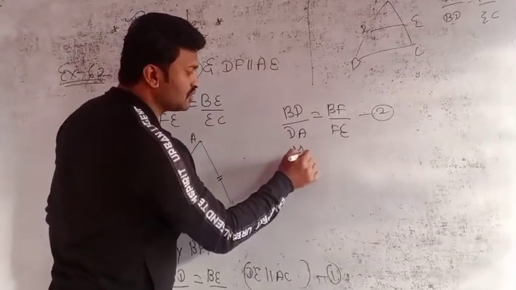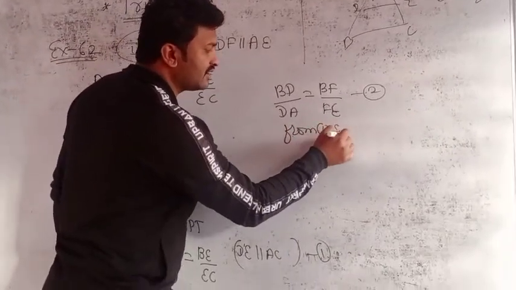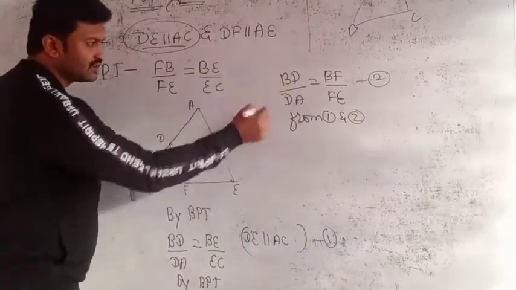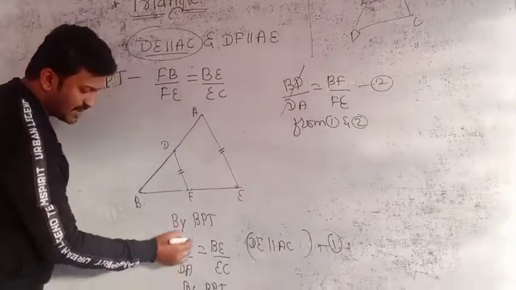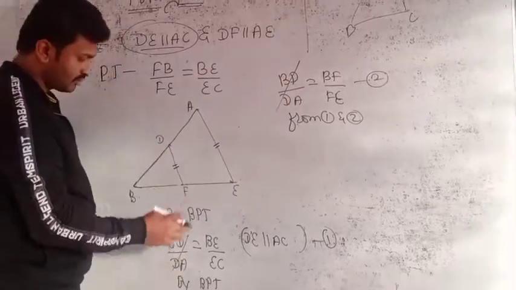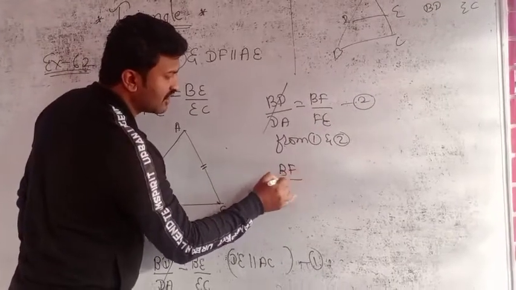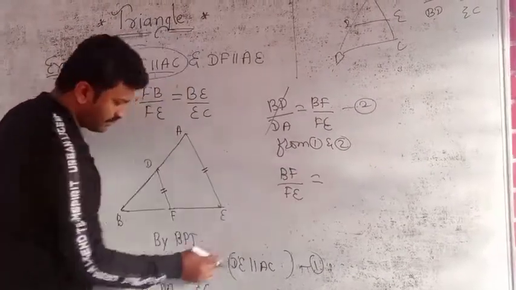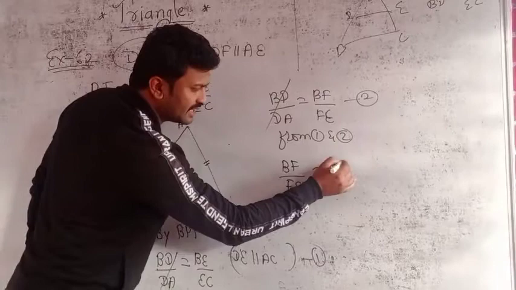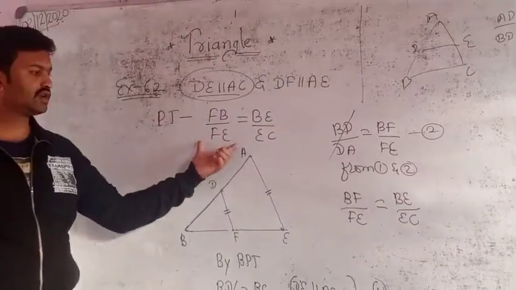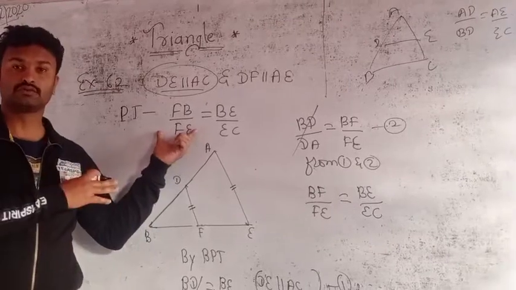And from 1 and 2, comparing 1 and 2, what do we have? This one cancels, BD by DA on both sides. We are left with BF divided by FE equals BE divided by EC. We got what we have to prove.